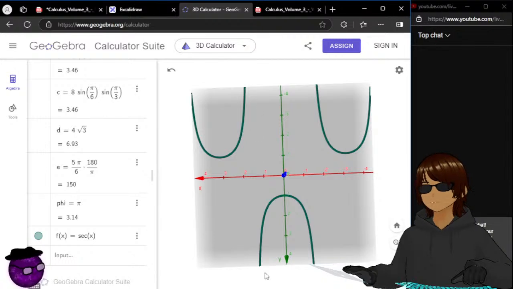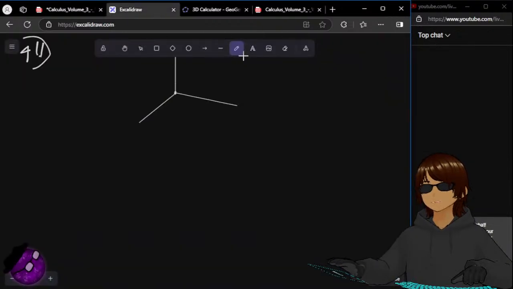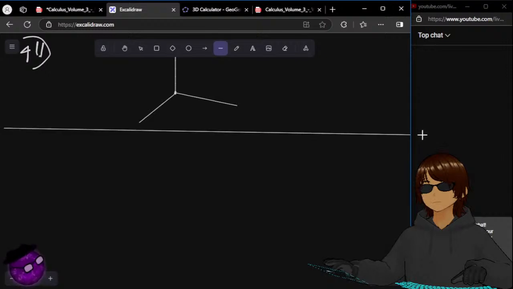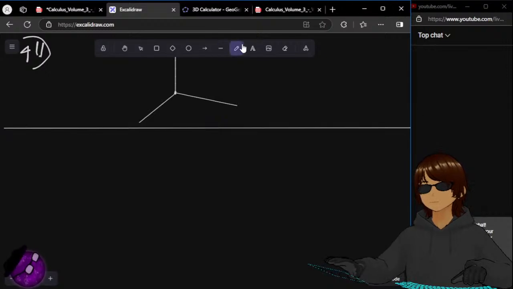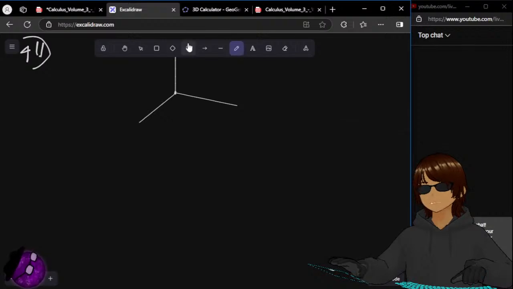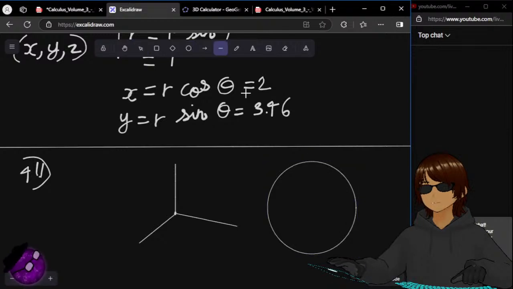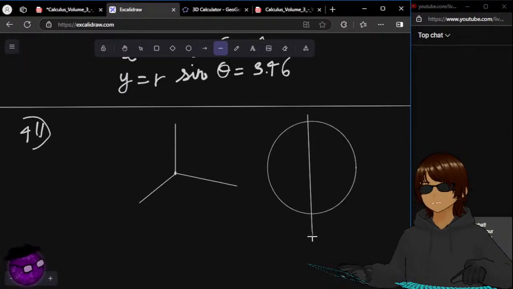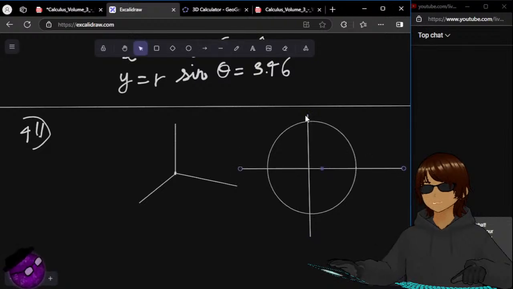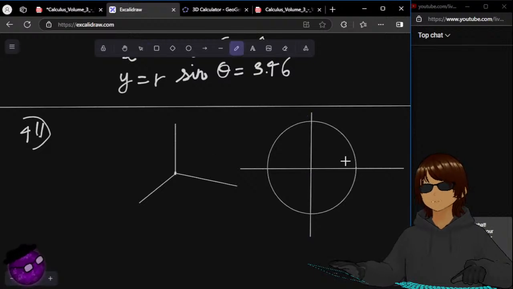There are restrictions, right? If we have a unit circle and an angle theta, secant would define this, tangent would define this.